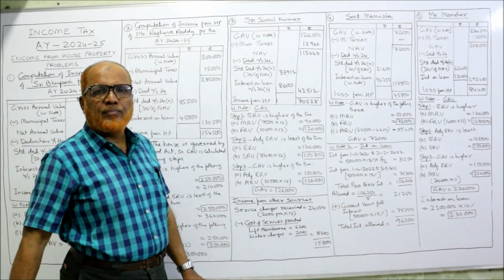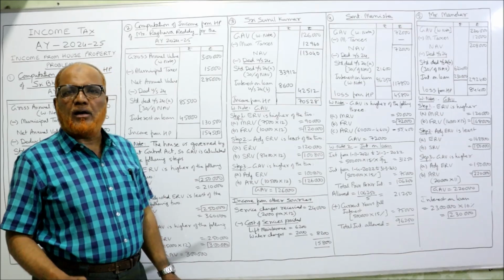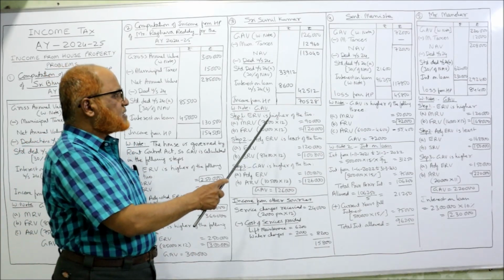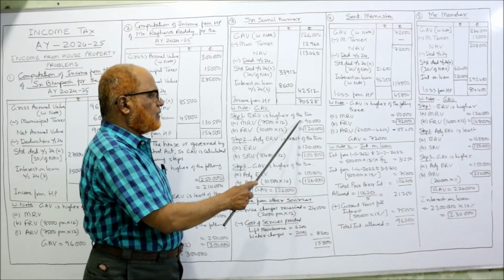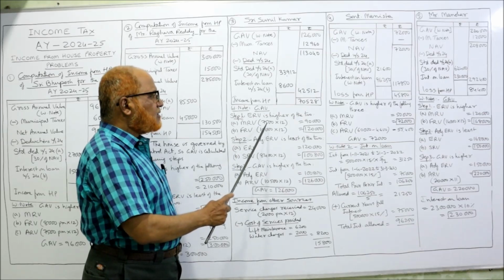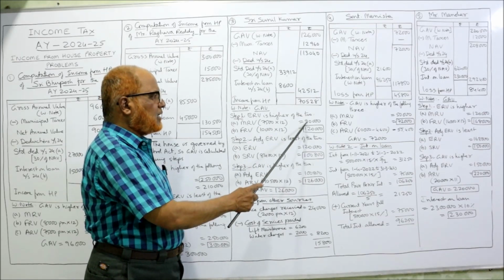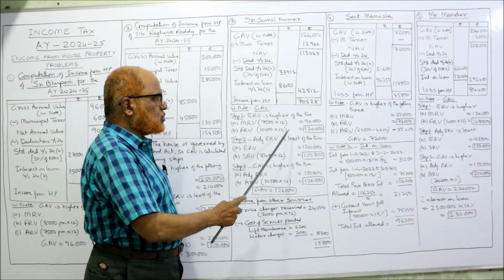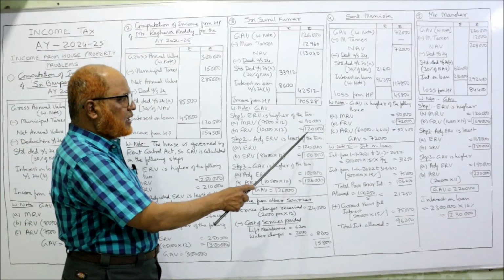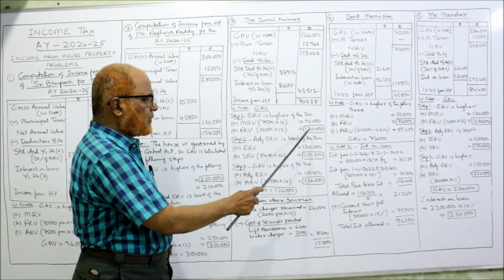Now GAV. The house is governed by Rent Control Act. So GAV is calculated in the following three steps. The first step, ERV is higher of the following two. MRV, FRV. MRV is 7,500 into 12, 90,000. FRV 10,000 into 12, 1,20,000. Whichever is higher. 1,20,000 is higher. This is the ERV.